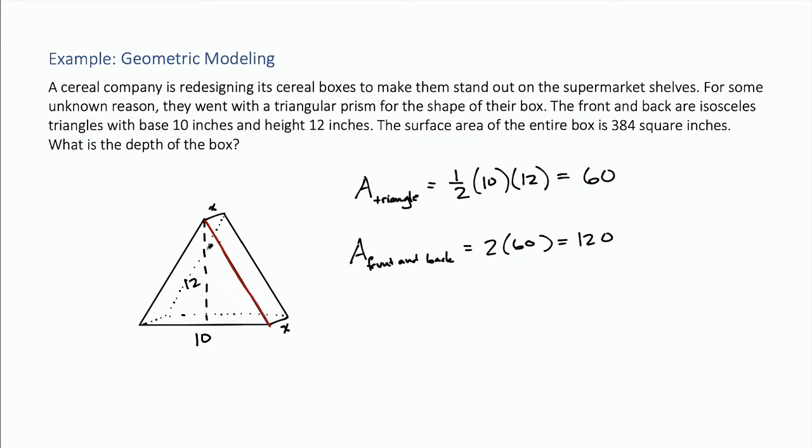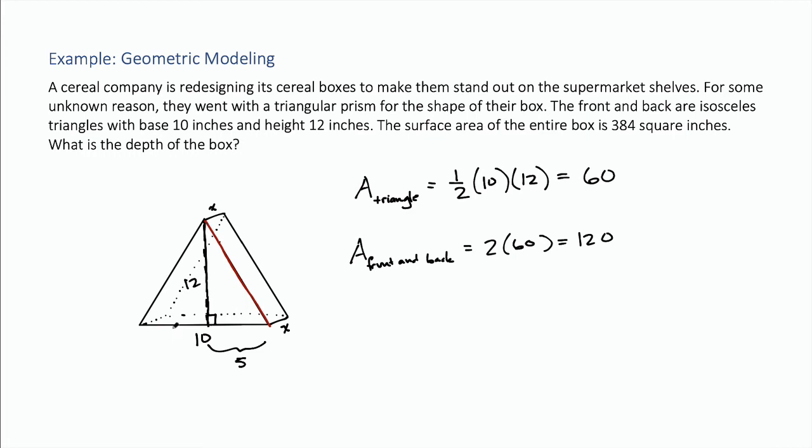So what we're going to do is look at this as a right triangle. The height is 12, and since 10 is the full length here, half of that length, 5, is the base of that triangle.